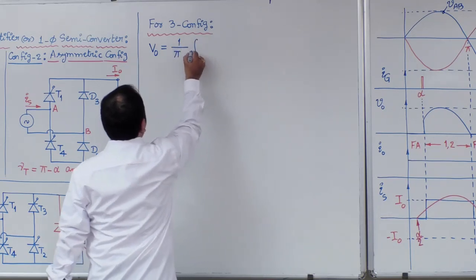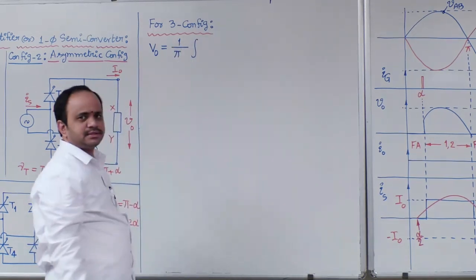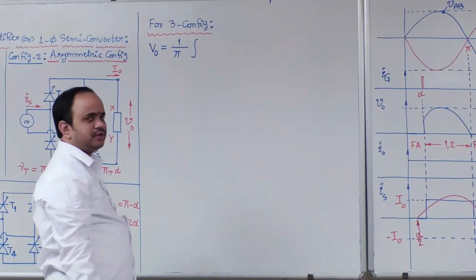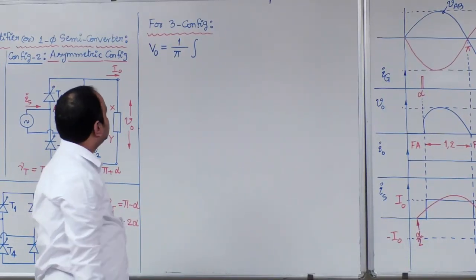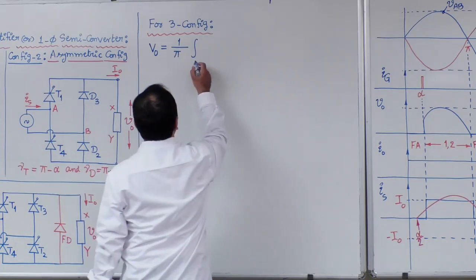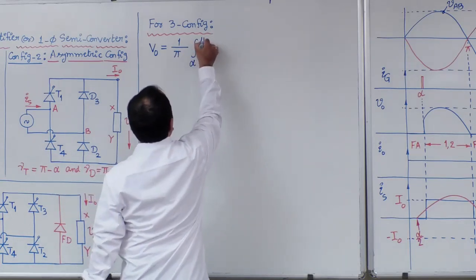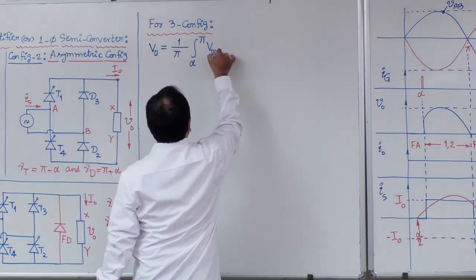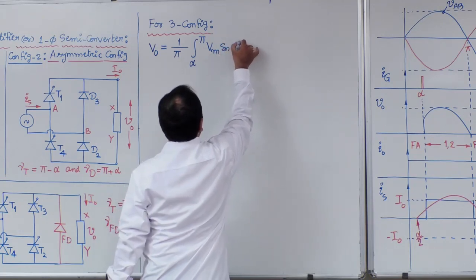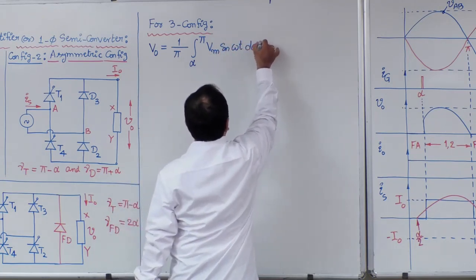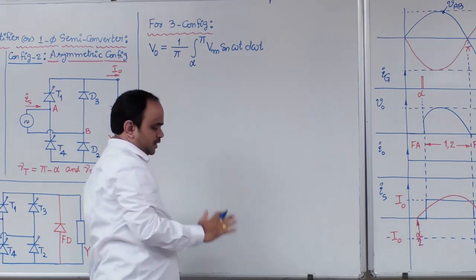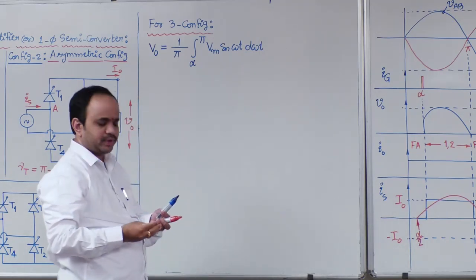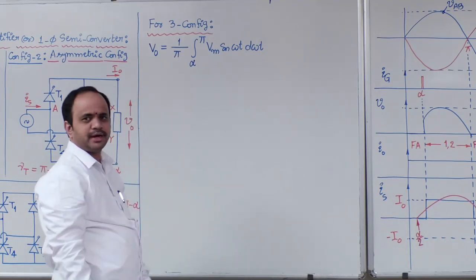If you see the waveforms, you can notice that the periodicity of the V0 waveform is pi. Therefore, 1 by pi integration from alpha to pi of Vm sin omega t d omega t.